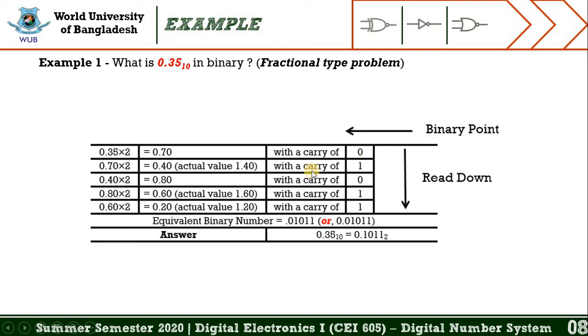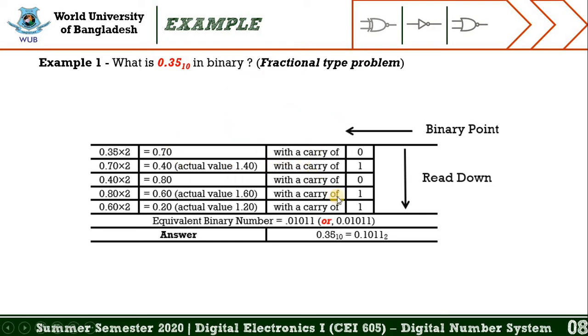In the next row, when we multiply 0.70 by 2, then we get 1.40 as the product value, but we write 0.40 and 1 is the carry value, that's why with a carry of 1.